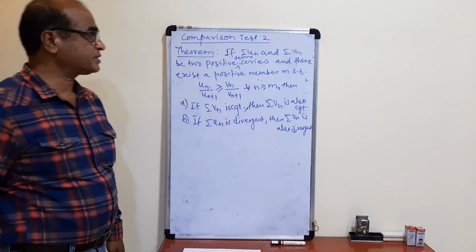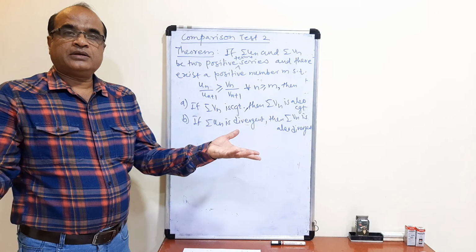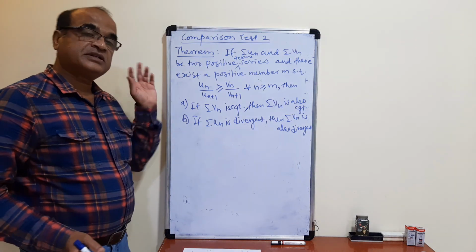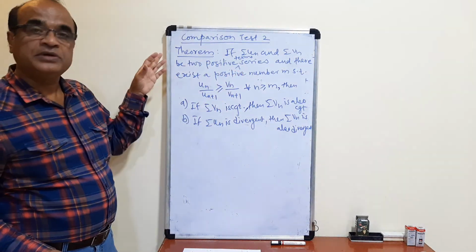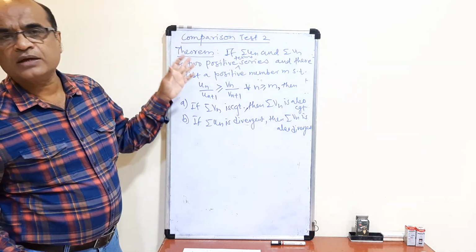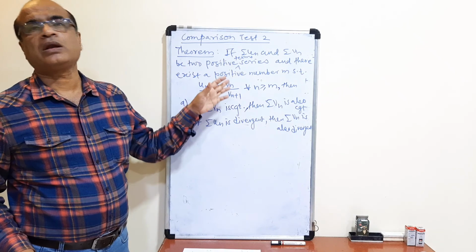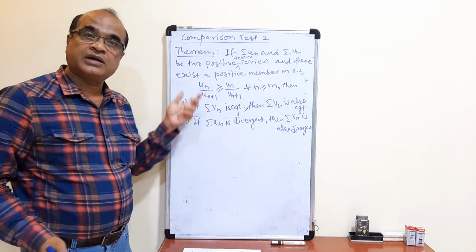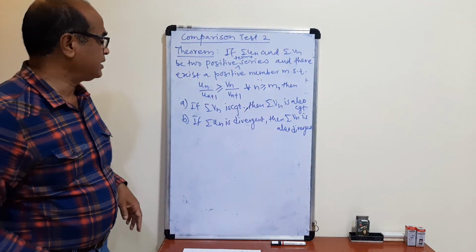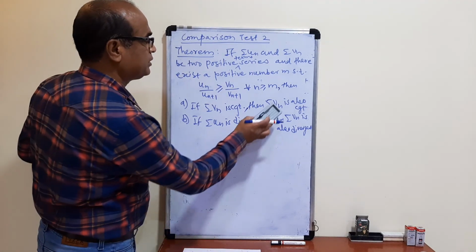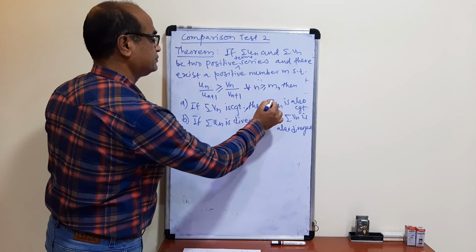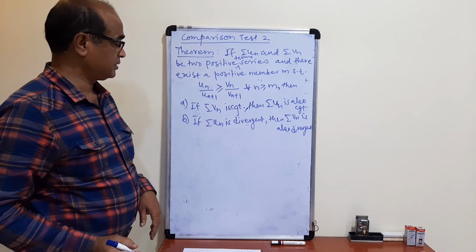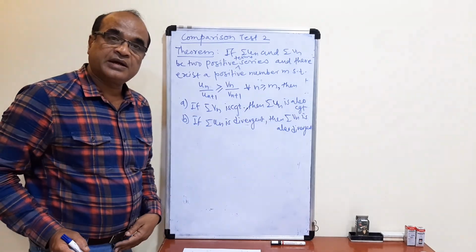So what is comparison test 2? If summation un and summation vn are two positive term series and there exists a positive number m such that un upon un plus 1 is greater than or equal to vn upon vn plus 1 for all n greater than m, then if vn is convergent, un is also convergent, and if un is divergent, then vn is divergent.